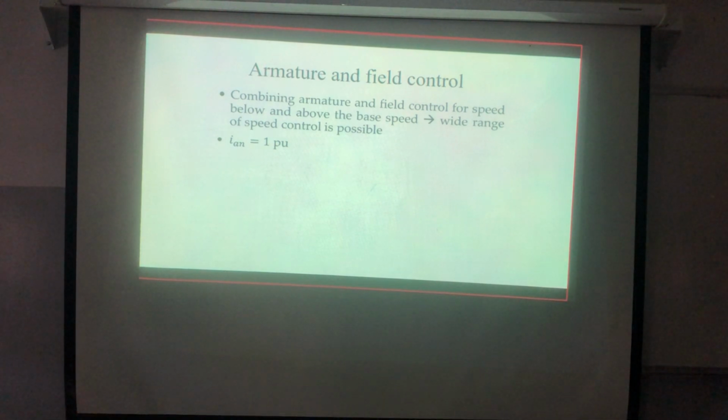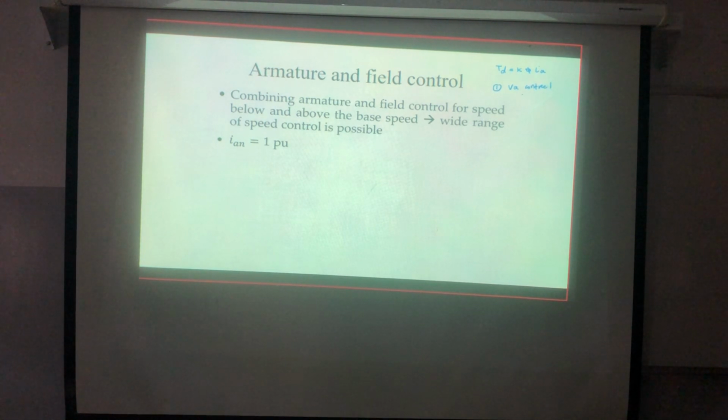Now, in the first stage, the torque developed TD is equal to what? K phi IA. Now, in the first stage here, I will plot VA control, the armature voltage control.